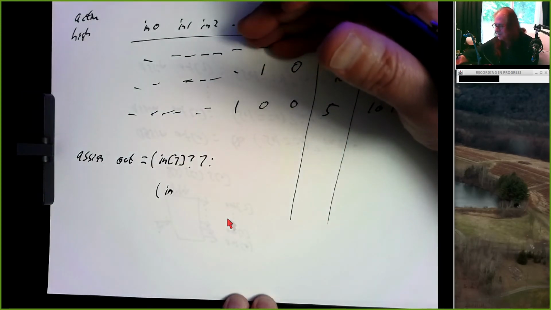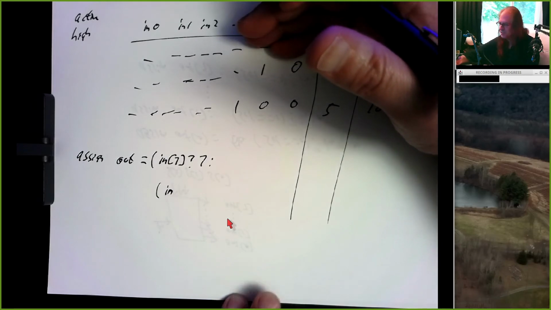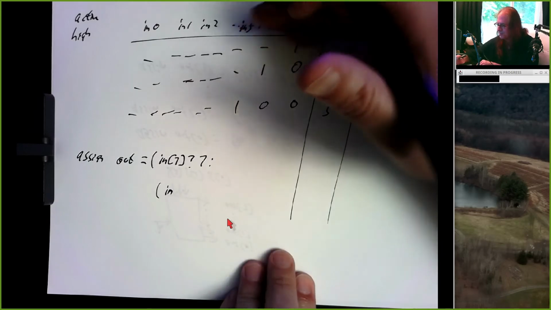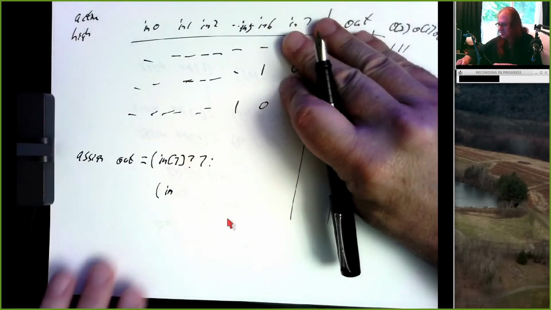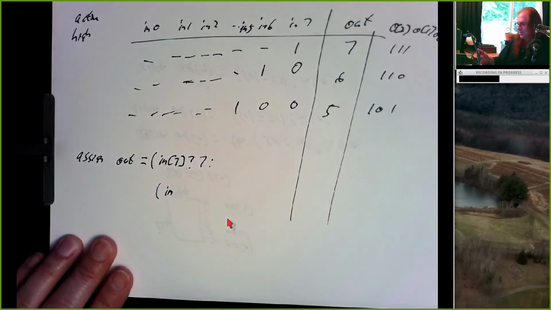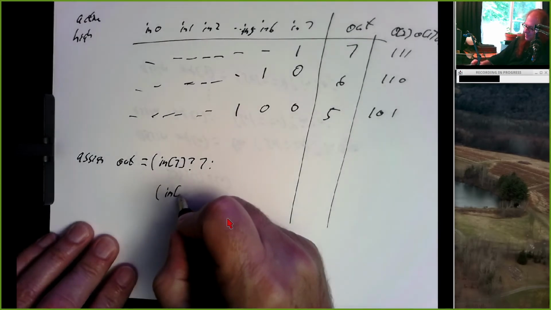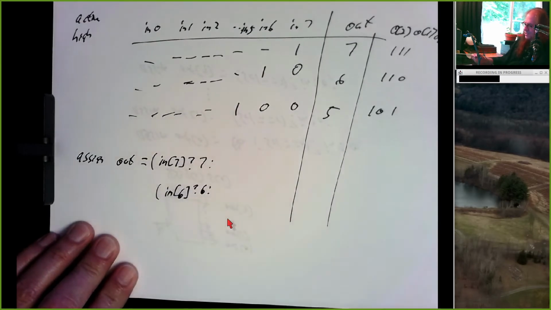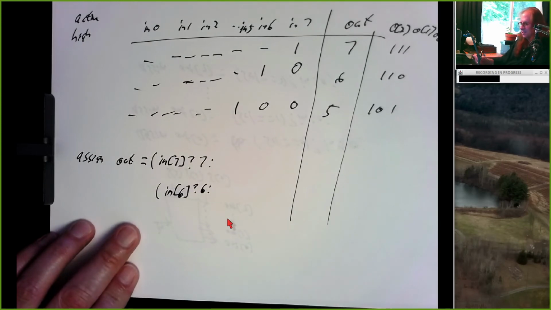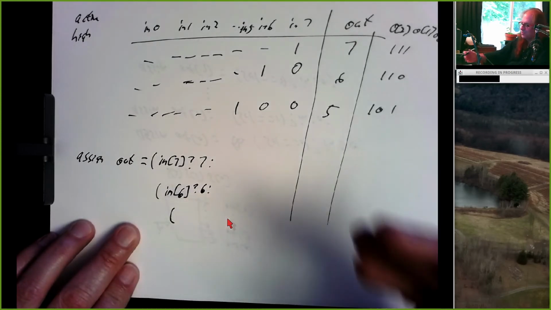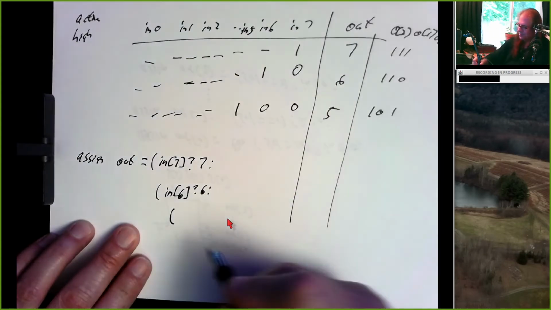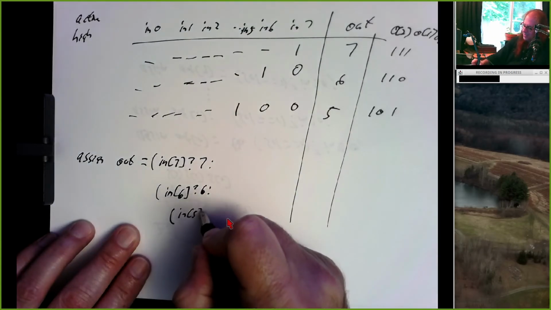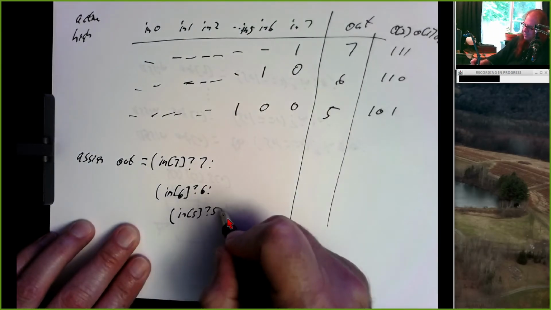So let's make a 6-bit priority encoder that outputs a number from 6 down to 0 based on these 7 bits. And so how would I do that? Well, I'd say if bit bracket 6 is asserted, let's set our output equal to 6. Otherwise, let's set it equal to the output of a 5-bit encoder. So if in bracket 5 is asserted, let's set the output equal to 5.